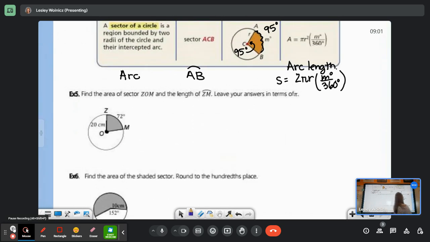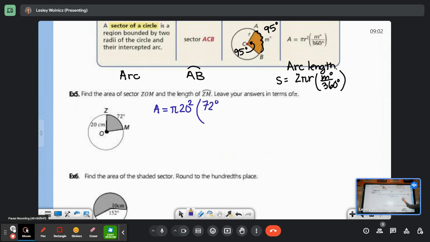All right, so we want to find the area of our sector and the length of our arc. So let's just use the formula. So we want area equals pi. What's our radius? 20. Okay, square the 20 times, what's our angle? 72.